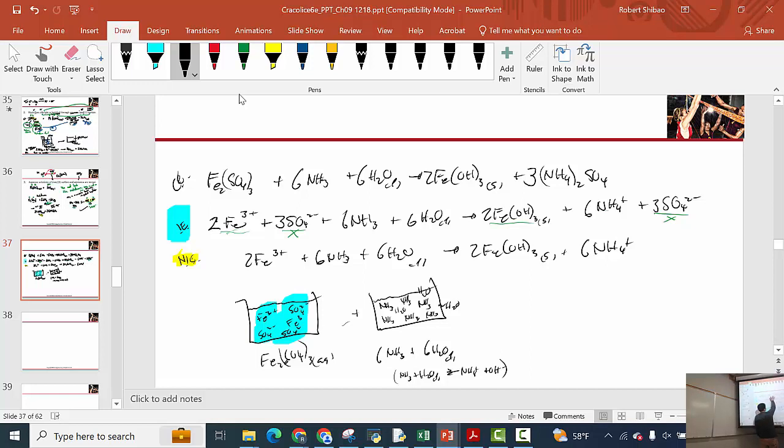You see? Ammonia and water. Why? Because that's what you're going to go buy. You're going to buy that, and then a little bit of that will react. If you try to buy ammonium hydroxide, it's not stable. It decomposes into ammonia and water.